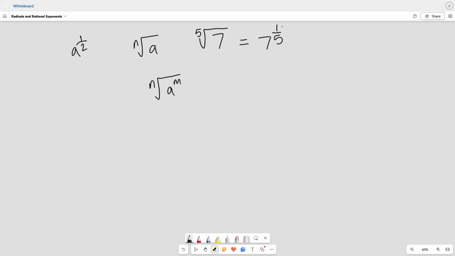Now, this is where you can have a different numerator. So this can be rewritten as a to the m over n. So say you have the 5th root of 7 squared. That would be 7 to the 2/5 power.